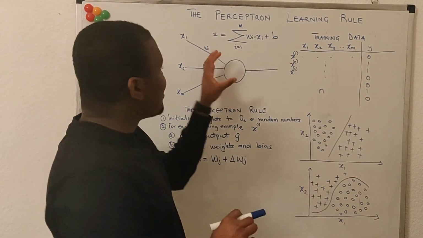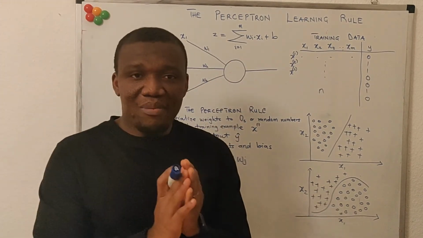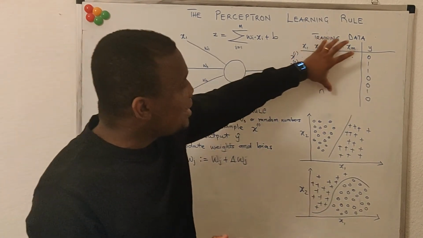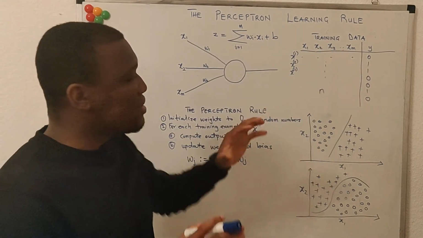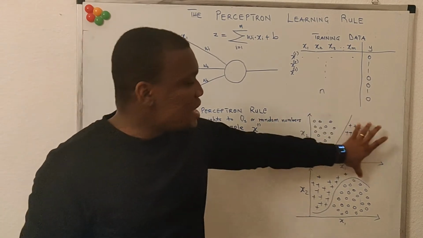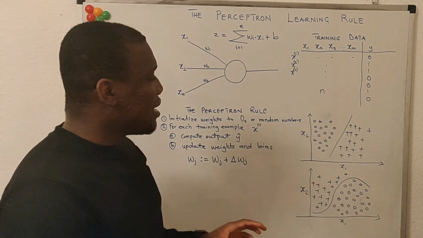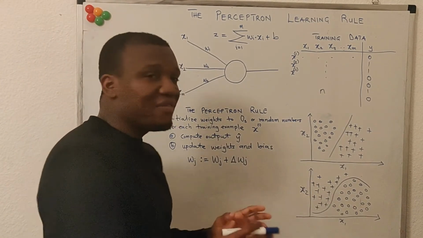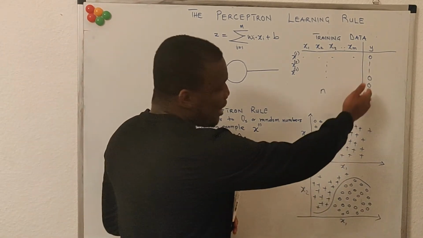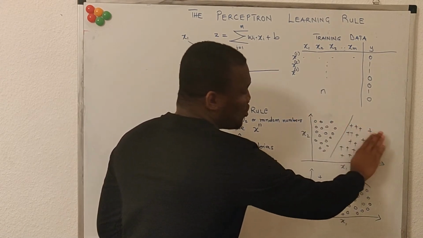Now, a perceptron is able to learn from a particular type of training data, and such training data are what we term as linearly separable data sets. Look at this diagram here. Let's assume that this is a graph representing people who have cancer and those who do not have cancer.